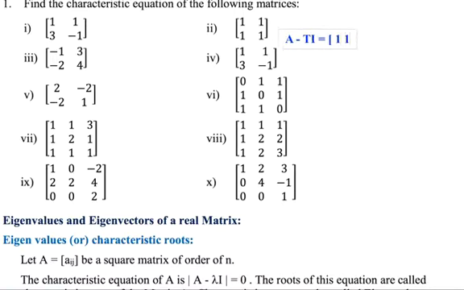A is 1 1, 3 minus 1. Now you have to put a minus sign here.